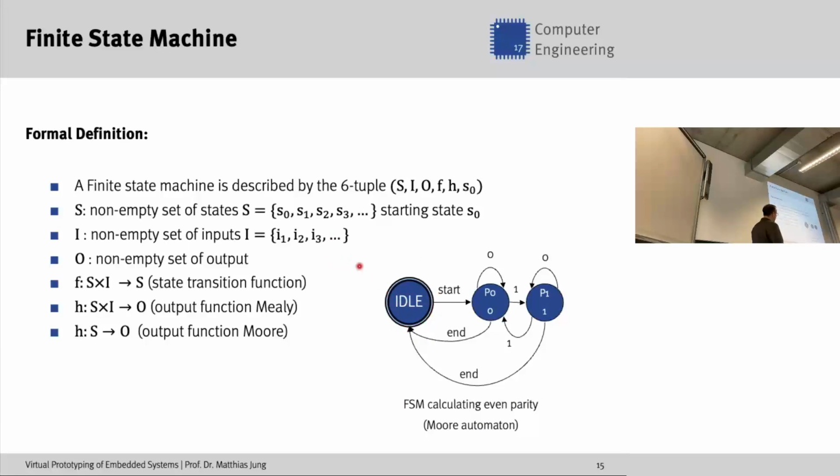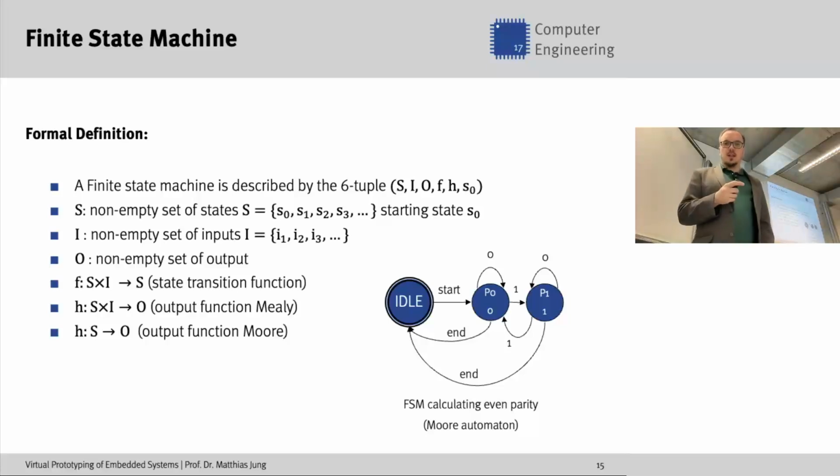Sometimes you have an arrow that points into it, but here they use, for example, a second circle around it. Then something happens, start is issued, and you go from that state into that state, and if a 0 happens, you stay in that state, or if the end command comes, then you go out of it. So this is a typical state machine.